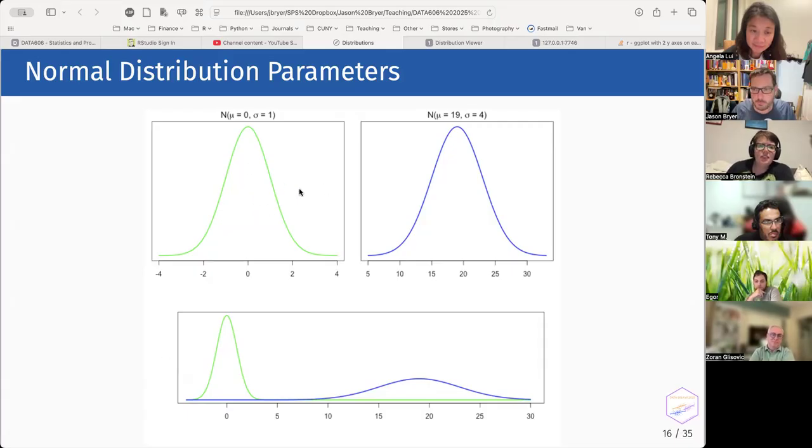If you just plot things in R and just let it use the default axis range, these look like the same thing. But when you plot them together, you can see we can have skinny and tall normal distributions, we can have wide and short normal distributions. They come in all shapes, but they all still have that 68, 95, 99% rule.